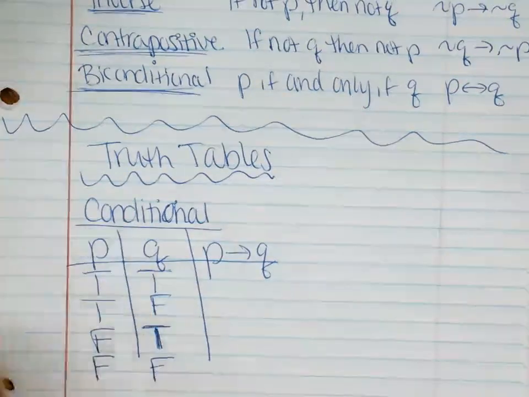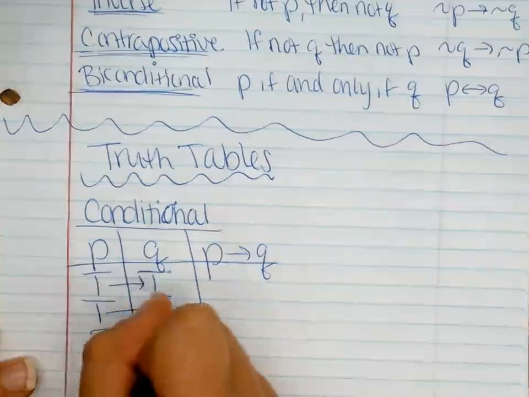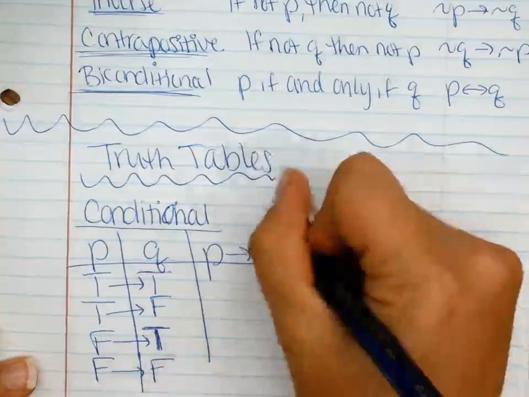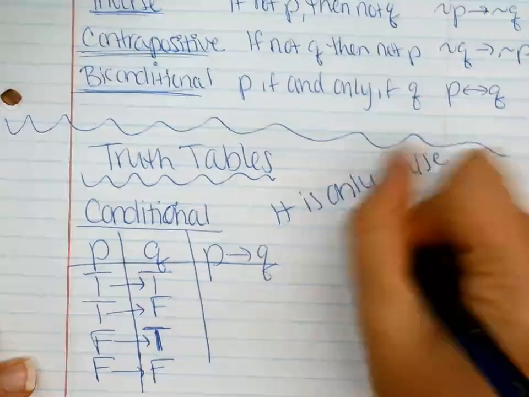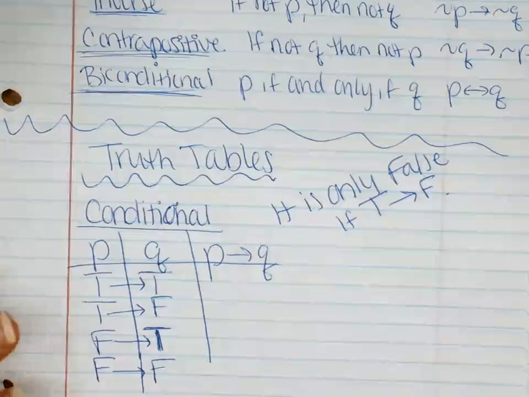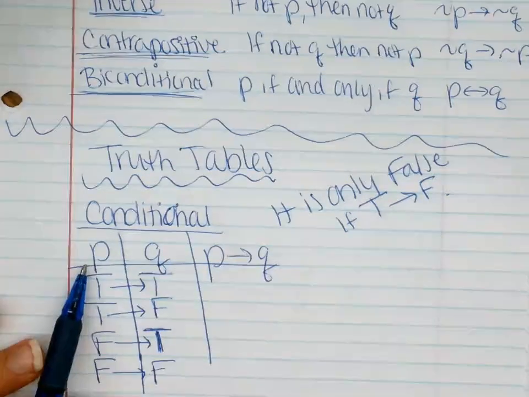So we always start our P's with true, true, false, false, and we always start our Q's with true, false, true, false. When we're going from P to Q, the only time that it's false is if true goes to false. It's only false if you have a true hypothesis and a false conclusion.